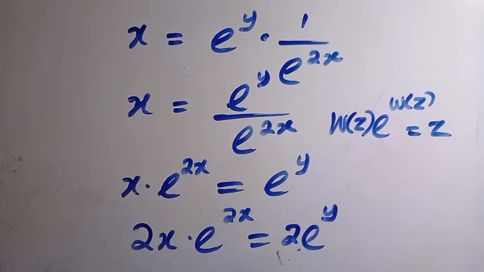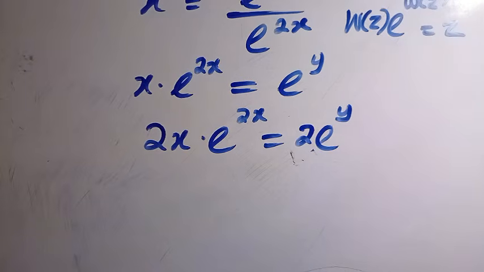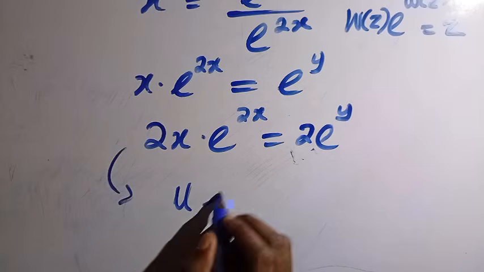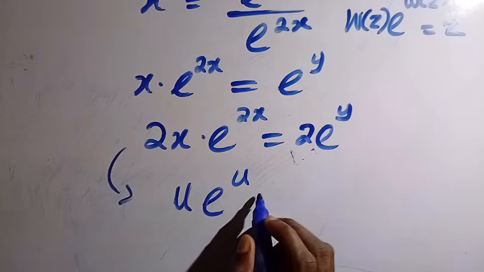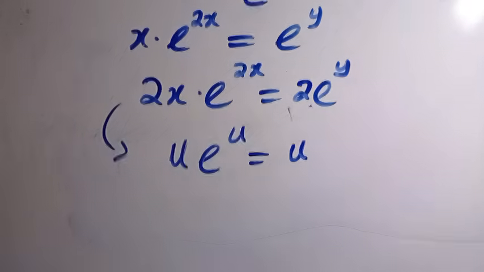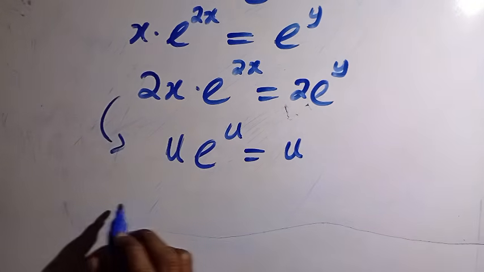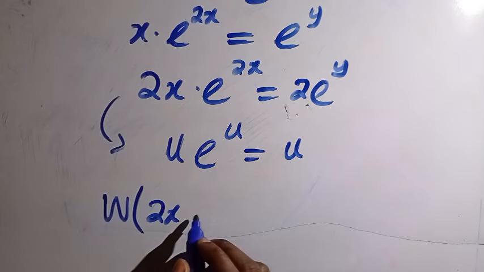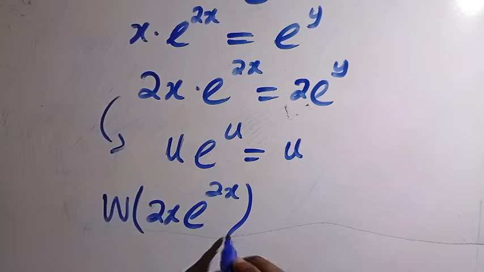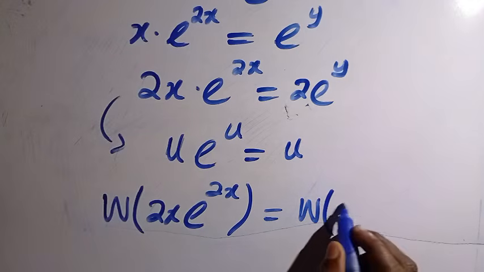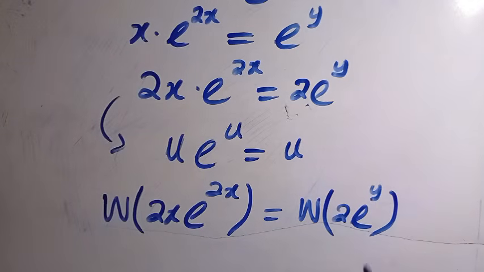Getting to this stage, the next thing is to take back our function. If I compare it with u exponential of u, we have 2x as u, of that form. So we take the Lambert W function of 2x exponential of 2x, which equals the Lambert W of 2 exponential of y.